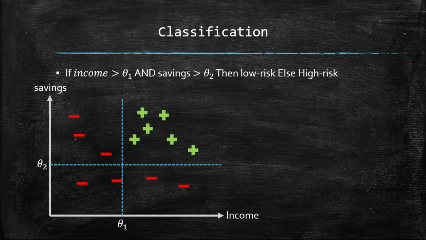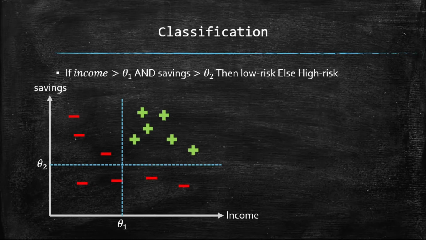Here, the green pluses denote the low-risk customers, and the red minuses describe a high-risk customer. Perfect. And if we look close enough, we can see that we can separate these two sets of customers, right? Using two lines.